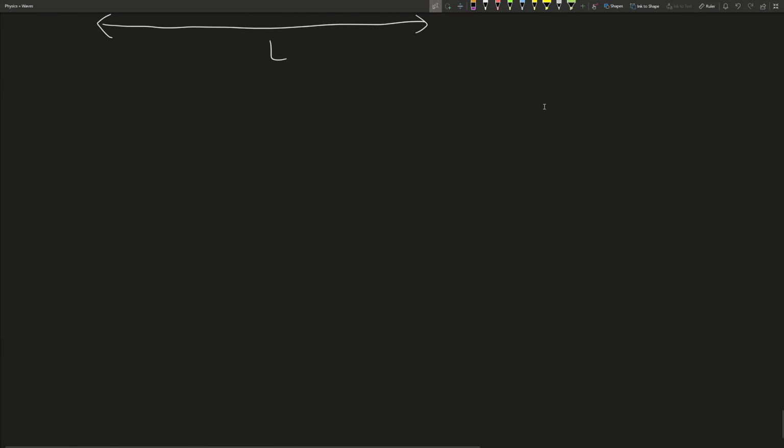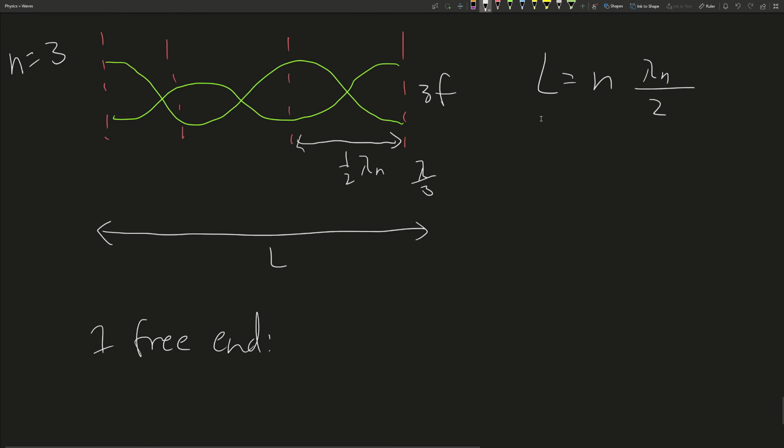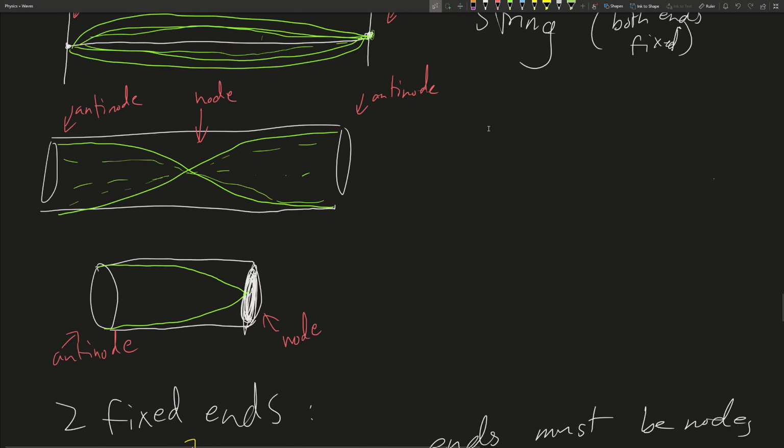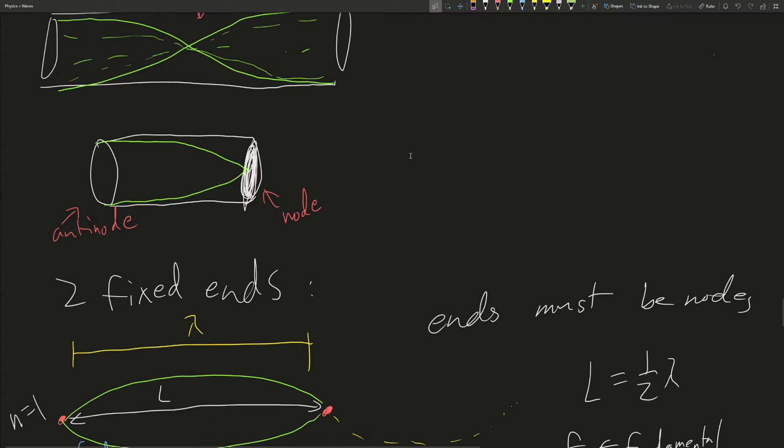And now we have one last case where you have one free end. Again, this shows up when you have a tube where one end is closed and one end is open.